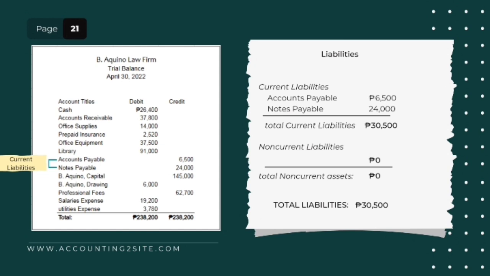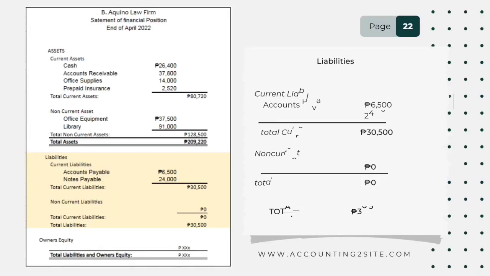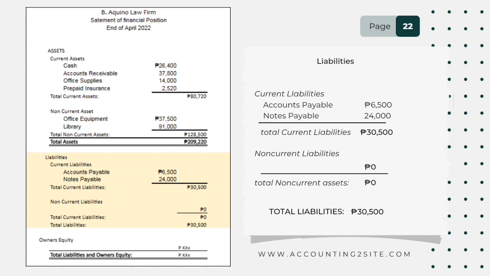Since wala namang non-current liabilities sa unadjusted trial balance ng B. Aquino, we will just put 0, and the total liabilities is 30,500 pesos. Tapos na nga natin kunin ang current and non-current liabilities.